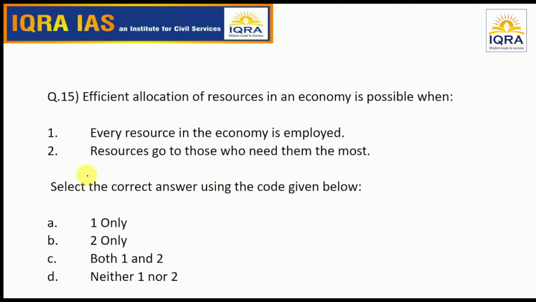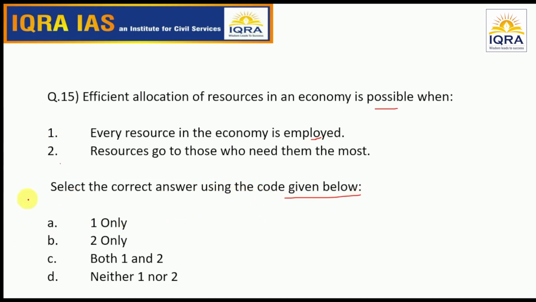Moving on, question number 15. Efficient allocation of resources in an economy is only possible when, first, every resource in the economy is employed, and second, resources go to those who need them most. Select the correct answer using the code given below. Which of them are correct?